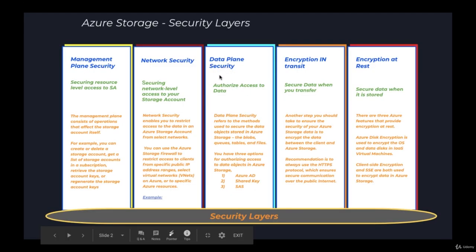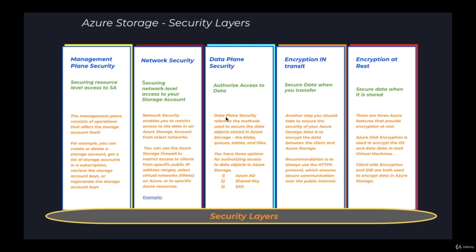This is very important. Again, we need to understand the data plane security. In the last lecture, we studied providing access by integrating AD for SMB, for blobs and queues, and then we used shared access keys and shared access signature keys.